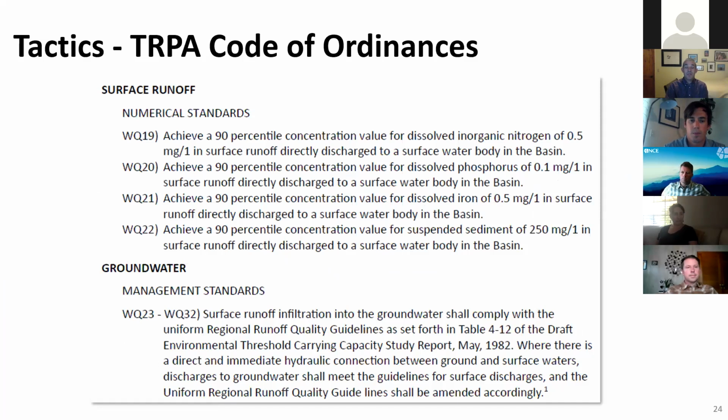The second relates to 14 standards that today relate to surface runoff goals or goals for groundwater discharge within the region. So these are standards that would apply to projects or rules of thumb for overall concentration coming out of culverts within the region, if you will. And they were established in order to help achieve these overall load reduction targets. So again, these concentration standards are a precursor to calculating overall load, which is what we think really matters, and are there to establish rules by which projects must adhere, and rules of thumb through which we think we will achieve these overall load targets.